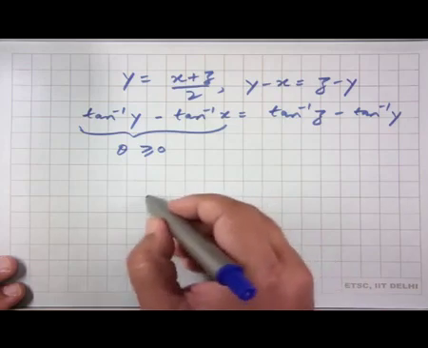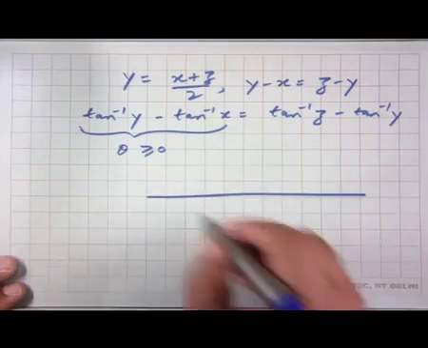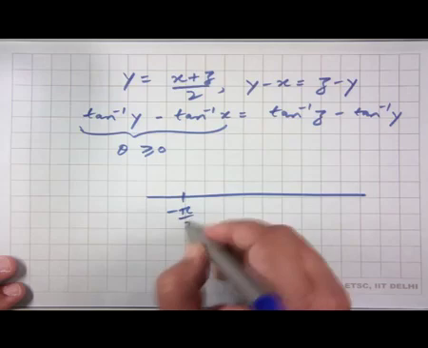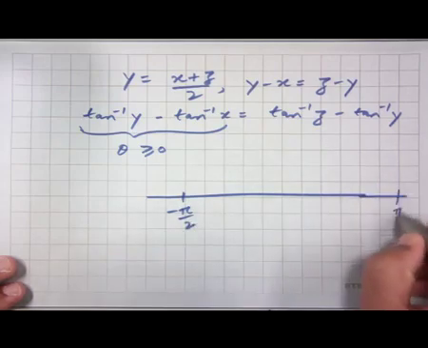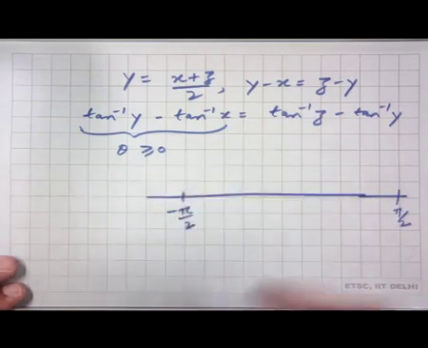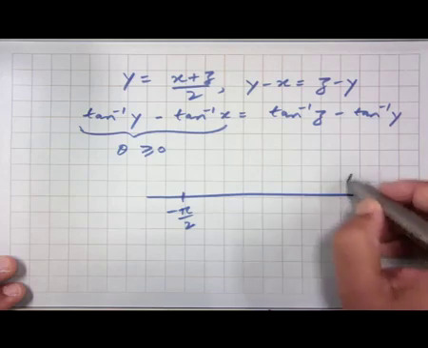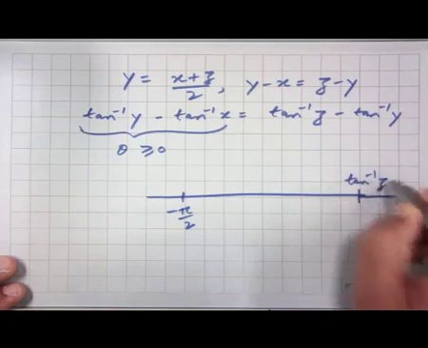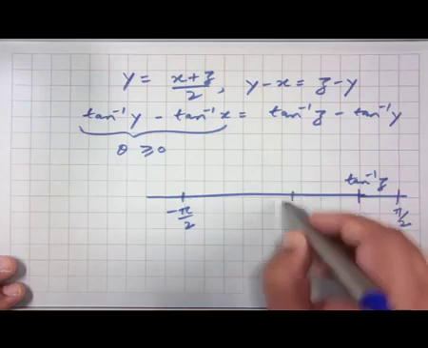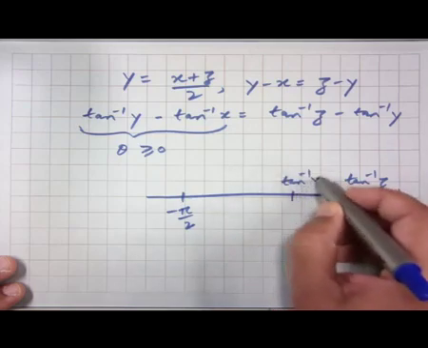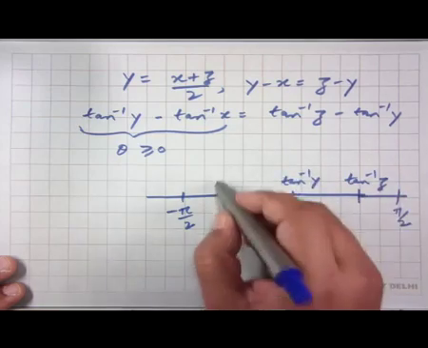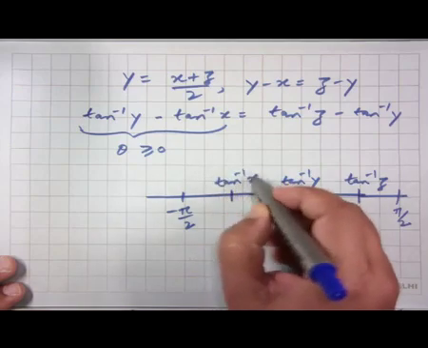Now, let us make the following observation. Let us say this is minus pi by 2 and this is pi by 2. Then it should be true that tan inverse z is greater than tan inverse y, and the least is tan inverse x.